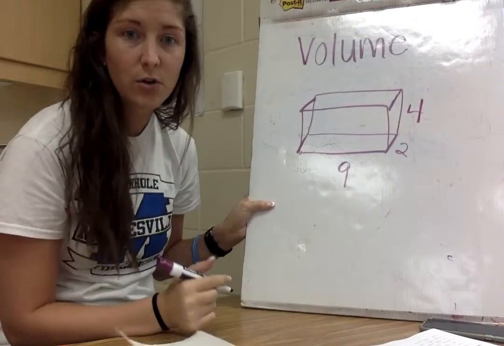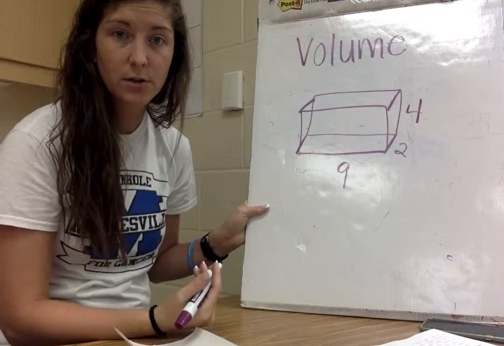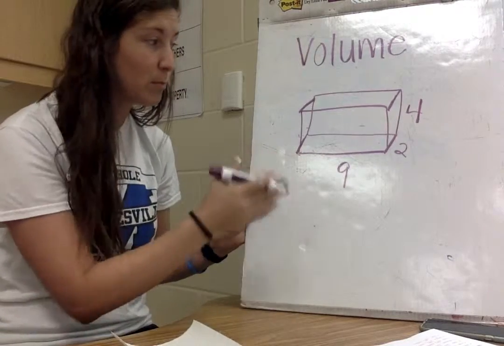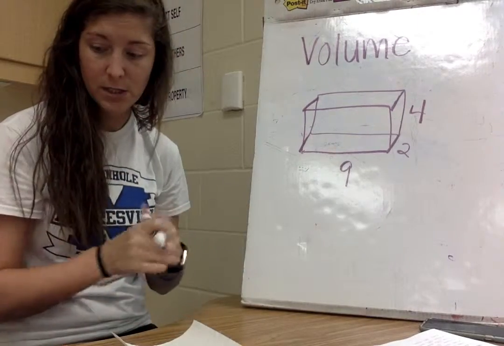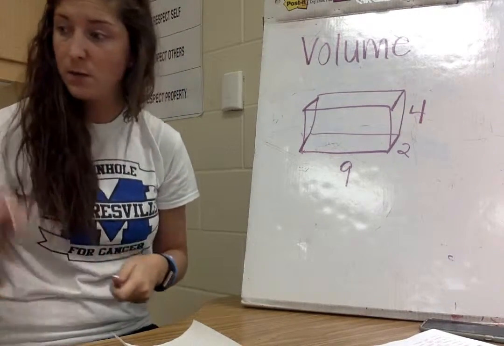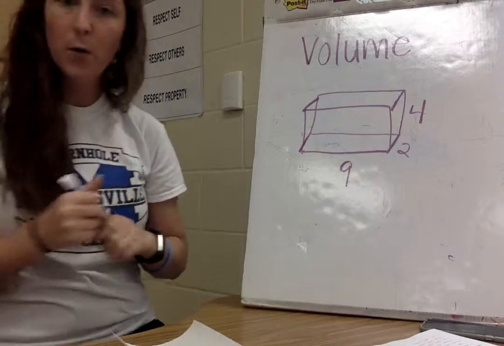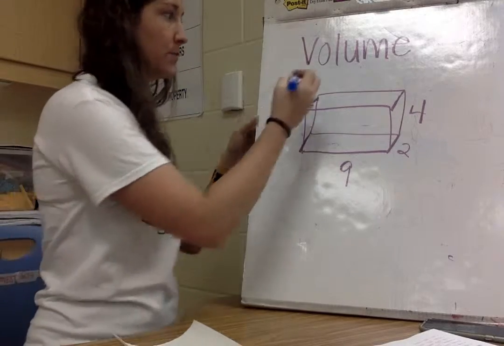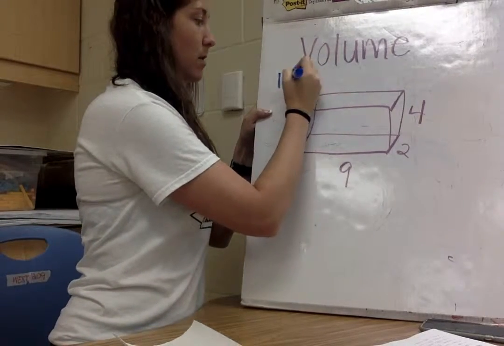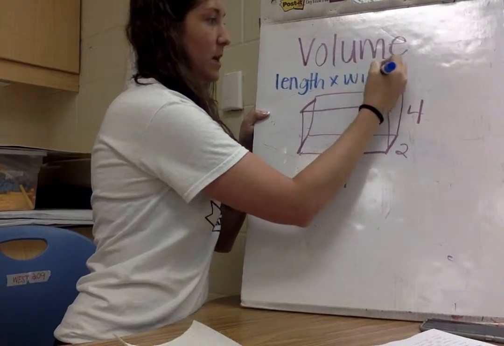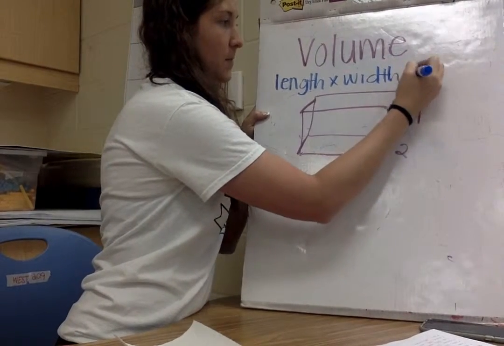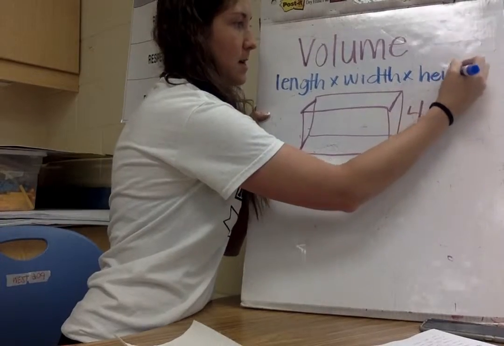I have got to use the formula in order to find the volume of that. There's no blocks there for me to count. So this is where it's important for us to know what the formula is for volume. For volume, you would need to multiply the length times width times height.